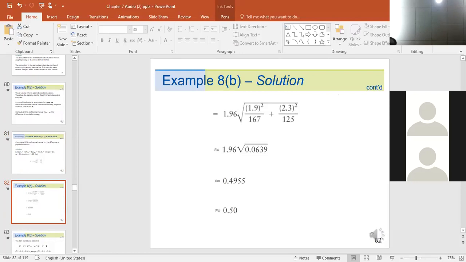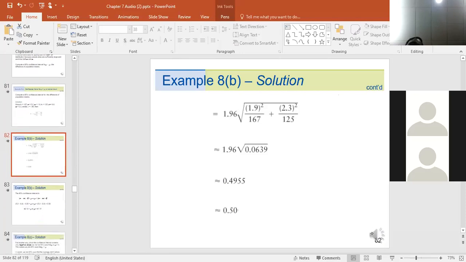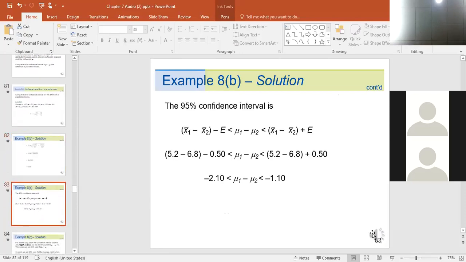What is the confidence interval? Anybody has an answer? Anybody have trouble going through? Okay. So that is the confidence interval.